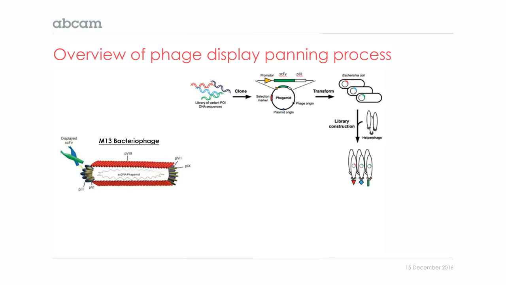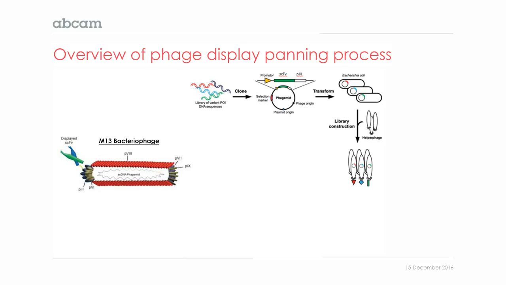So to build our phage library, we generate a library of variant scFv sequences, and we subclone that library into what's called a phagemid plasmid, such that the scFv DNA is just upstream of a P3 protein DNA.